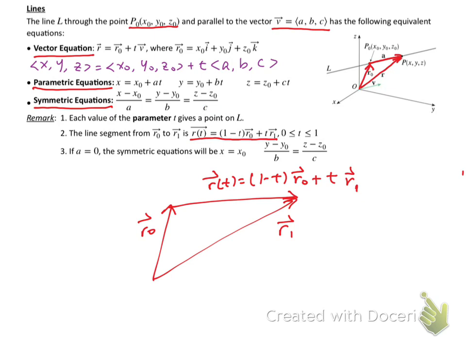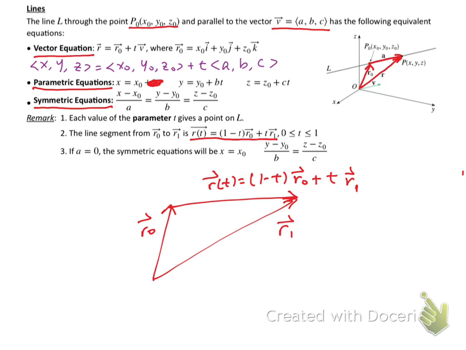So what happens is, if one of a, b, or c equals 0, you are going to back off to the parametric equations and say, okay, say a equals 0. So this is 0, which means the whole term is gone. Then instead of saying x minus x0 over a, which is not defined anymore, we take out the x part.